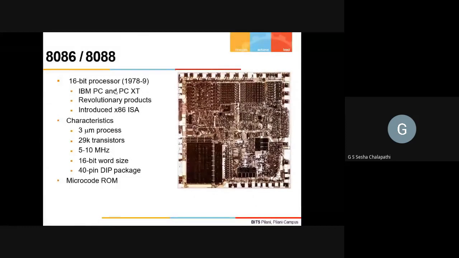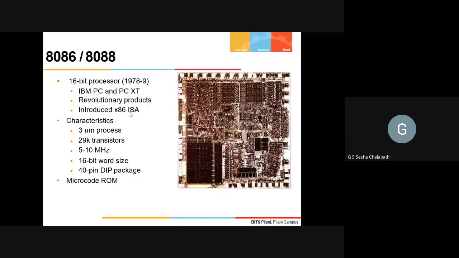8086, which is the processor that we'll be studying in this particular course, was a 16-bit processor. It was released way back in 1978, and it was part of the IBM PC. It introduced the x86 ISA, the instruction set architecture, which was followed by Intel in the upcoming processors also.